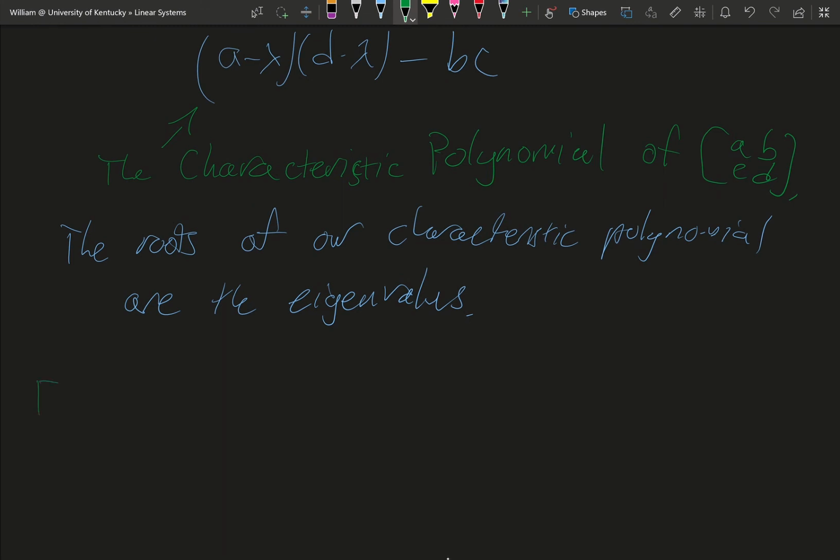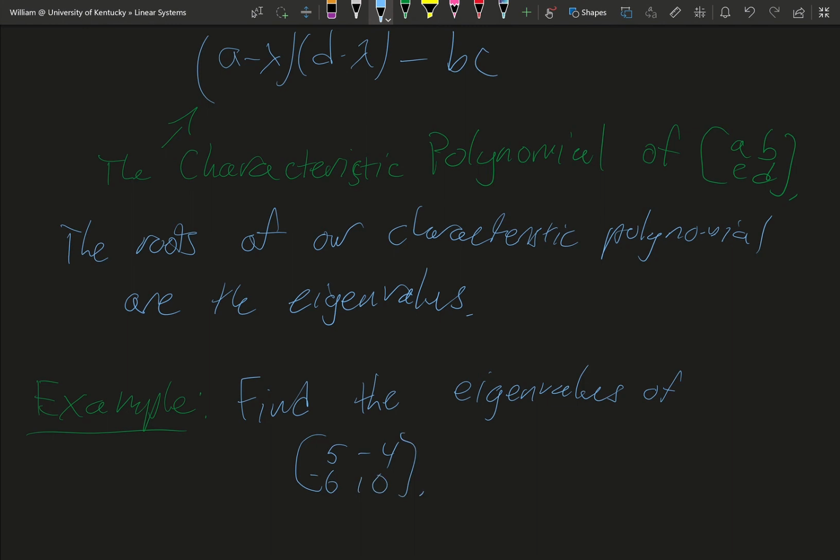All right, let's do one more example before leaving you on an exercise. Find the eigenvalues of (5, -4, -6, 10), and for each one, find an eigenvector.